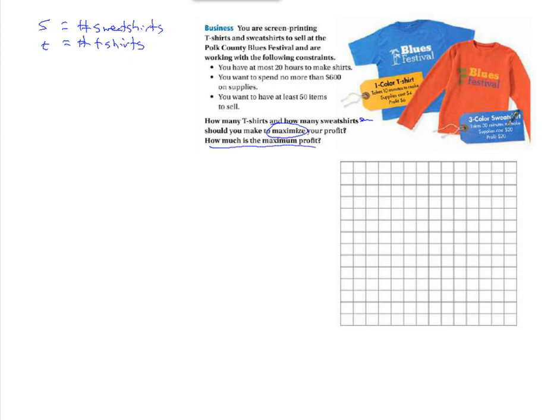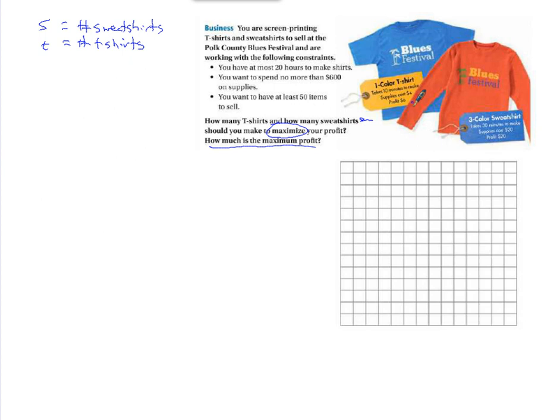On this page right here, it says, well, that's really hard to read for me. Can you guys read that on yours? What does it say? It takes 10 minutes to make. Supplies cost $4. And what else? Profit is $6.